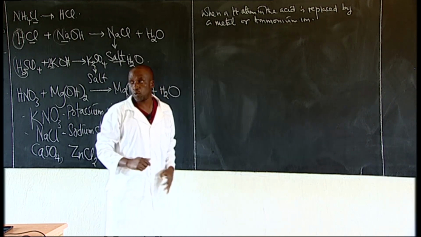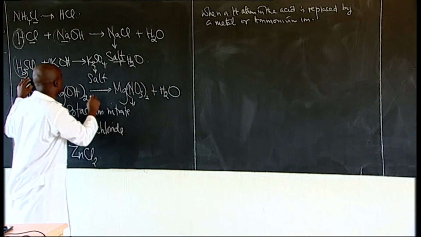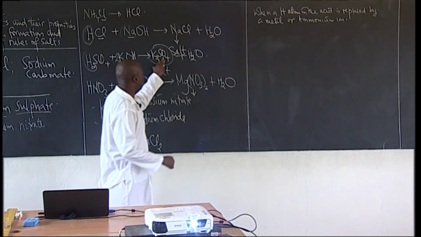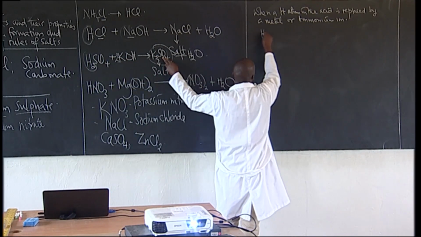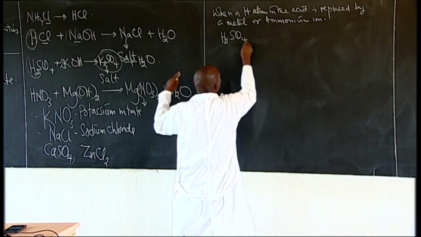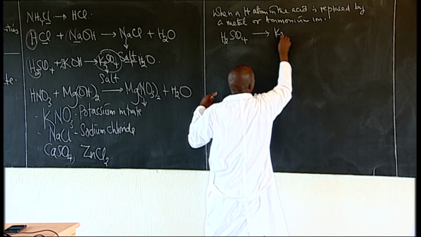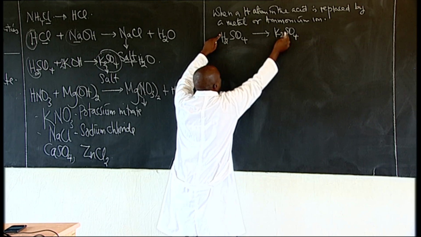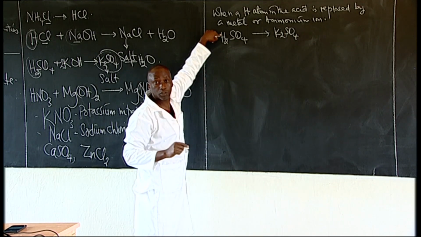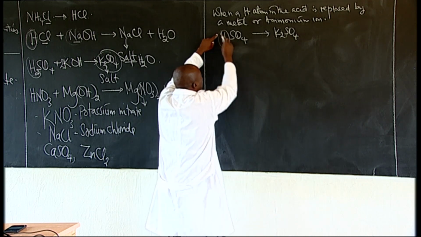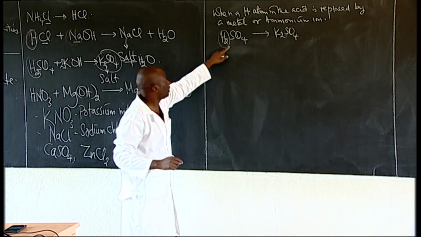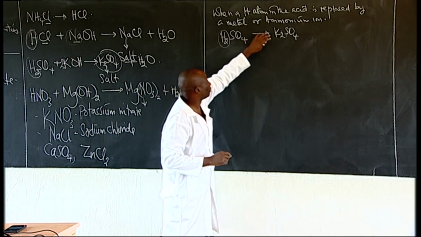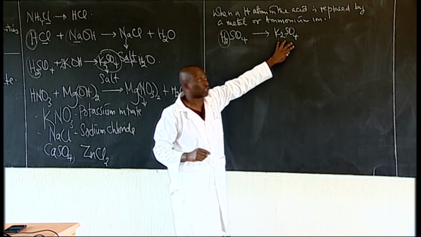So for example, if you look at this potassium sulfate, it is formed from sulfuric acid. And you'll see that the potassium metal atoms are replacing the hydrogen ions. If potassium replaces the hydrogen atoms, then what is formed is called a salt.